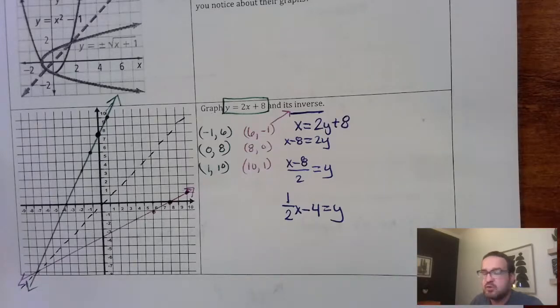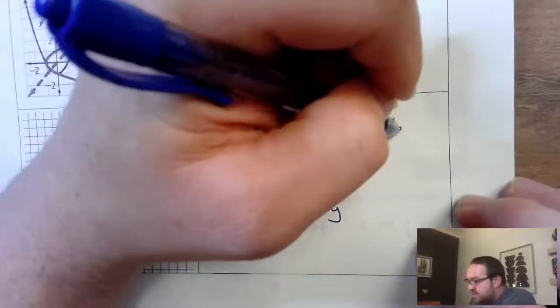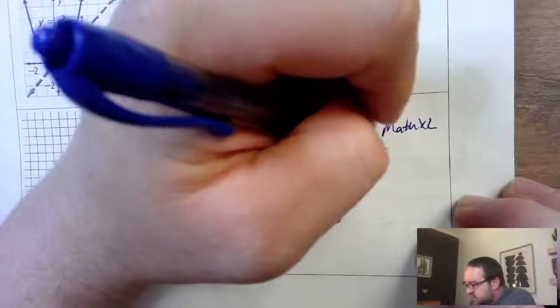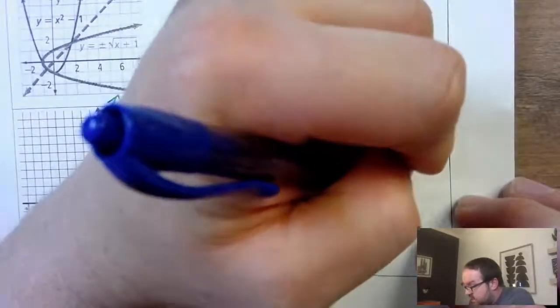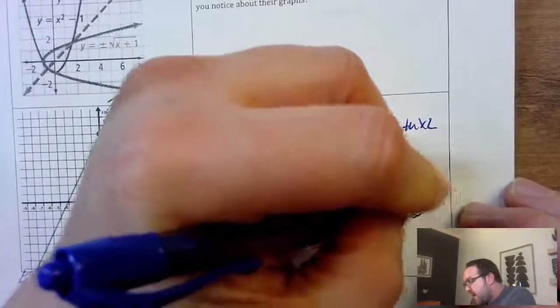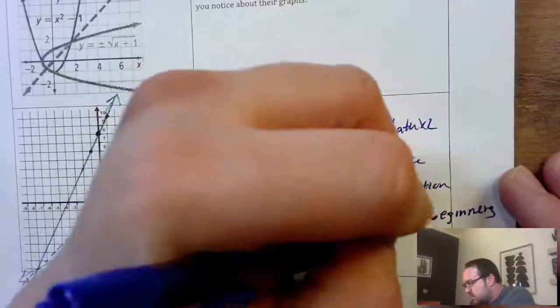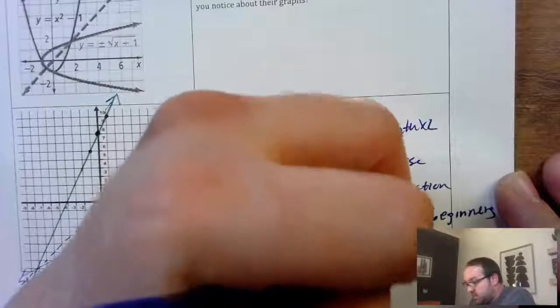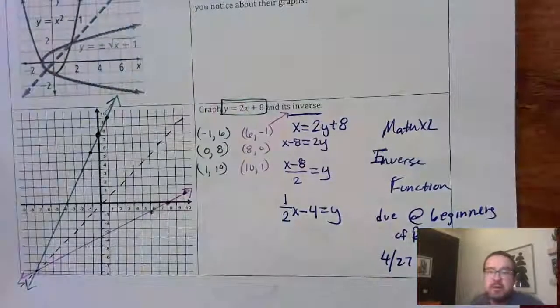So the Math Excel for today is just called inverse functions. And again, depending on your class, it's due at the beginning of the period on 4/27 or 4/28.